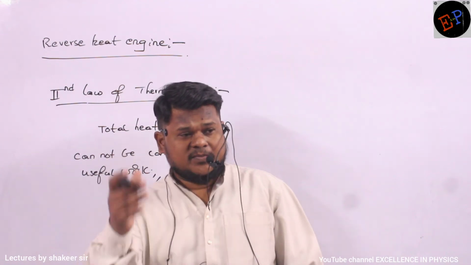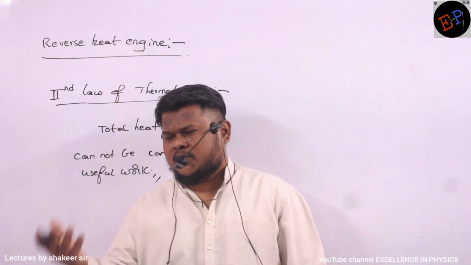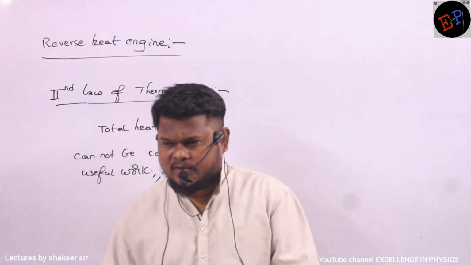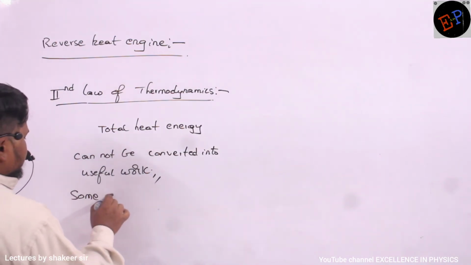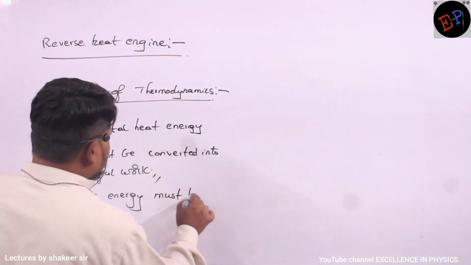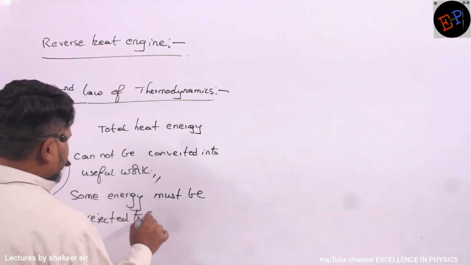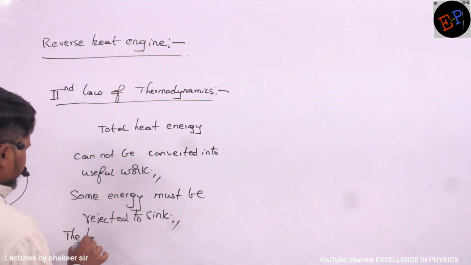Some of the energy must be rejected to the sink. This is the meaning of all the different statements given by different people. So some energy must be rejected to the sink.